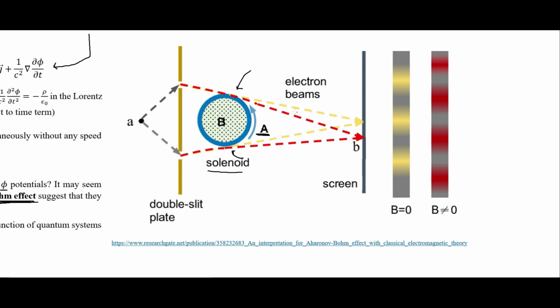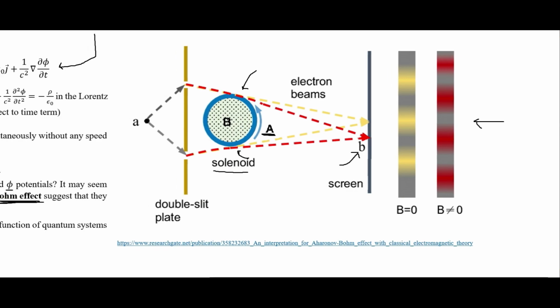And what they see is that it does shift the pattern of the electrons hitting your detector because it's creating this phase shift. So the vector potential is itself causing a phase shift in these electrons, which suggests that it might actually be something real and not just a mathematical tool.